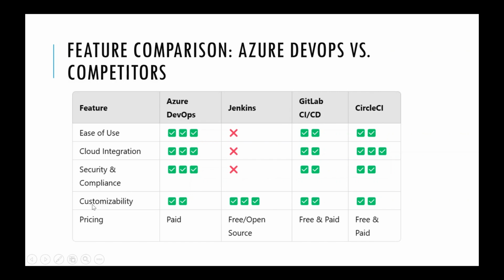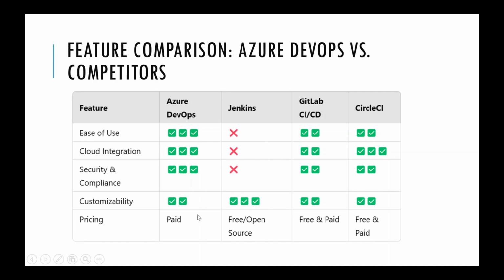In case of customizability, Azure DevOps, Jenkins, GitLab CI/CD, CircleCI. If you see this, Jenkins can be better in case of customizability. We have seen already that you will be able to customize your pipelines inside Jenkins.